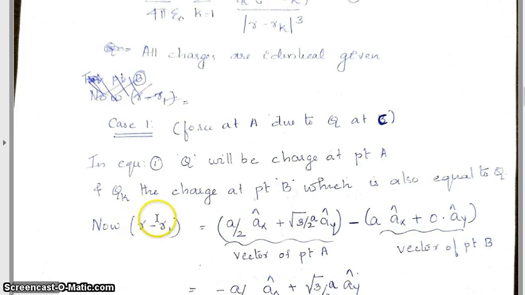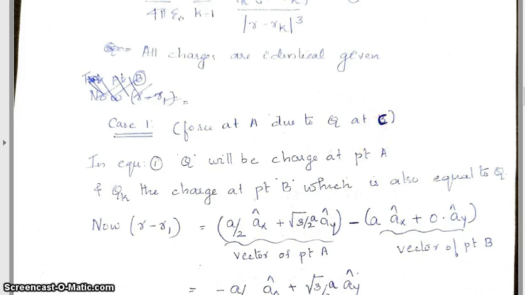That is, R will be the position vector of my A and R1 will be the position vector of my B. Listen, here I have written it as a vector of point B. It's wrong. It's the vector of point C. It was done by a mistake. So please correct it. This is a position vector of point C. Okay. So here, because here we are trying to calculate the force at A due to C.